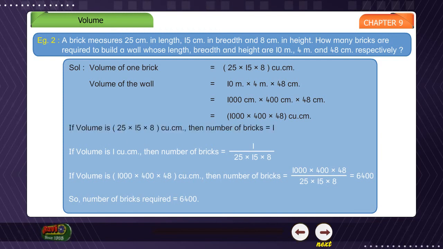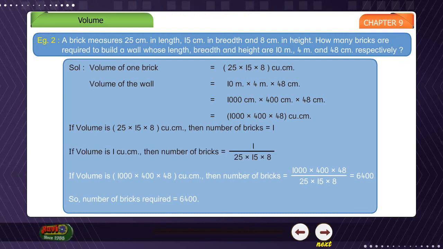If volume is 25 into 15 into 8 cubic centimeters, then number of bricks is equal to 1. If volume is 1 cubic centimeter, then number of bricks is equal to 1 by 25 into 15 into 8.